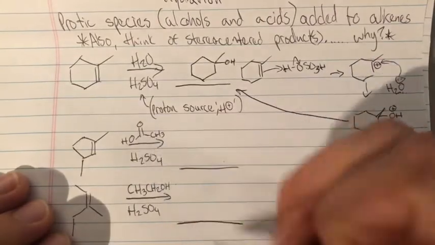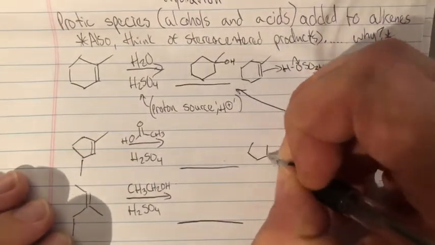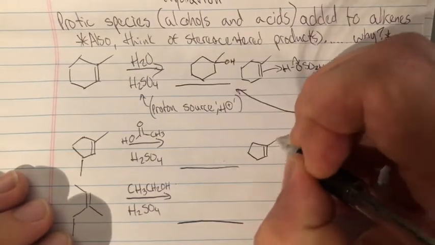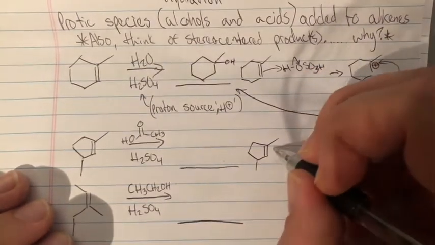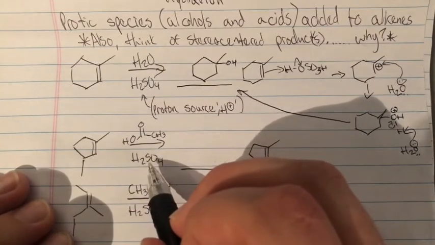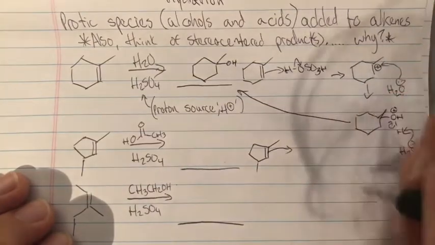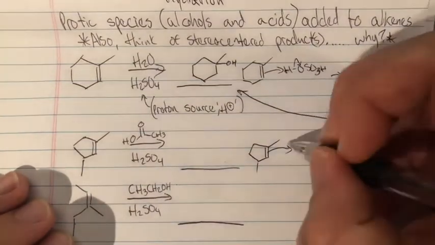Okay, next example here. So a 5-membered ring now. Tri-substituted alkene once again. We got a weak acid. We also have H2SO4, which is really going to be the protic species.